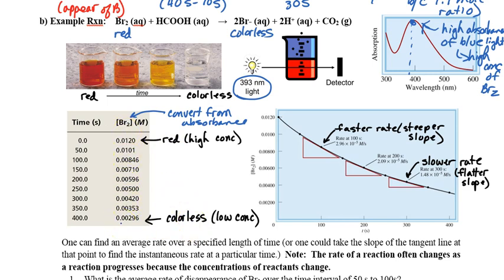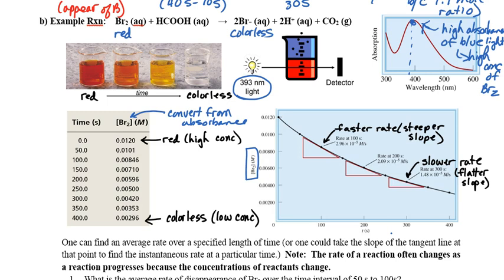So let's look at the rates over here. We have a plot over here of how those concentrations are changing. So this is the concentration of Br2 in molarity over time. And we see obviously the concentration of Br2 is going down. The interesting thing is that the rate of it going down is actually changing over time, right?